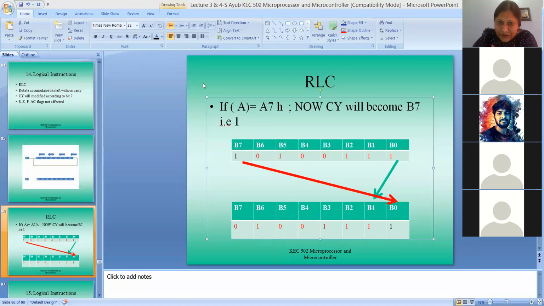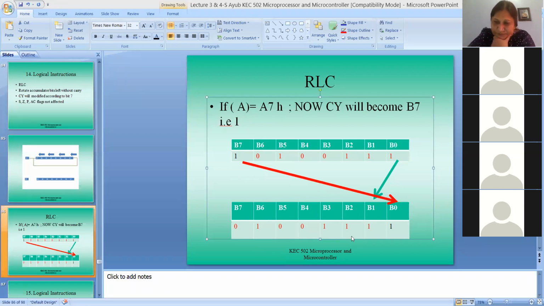So now what will be the new content after rotating? The new content after rotating will be 0100, that is 4, and 1111, that is F. So when you rotate A7 left without carry, your new contents are 4F.